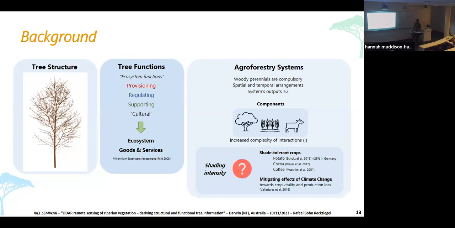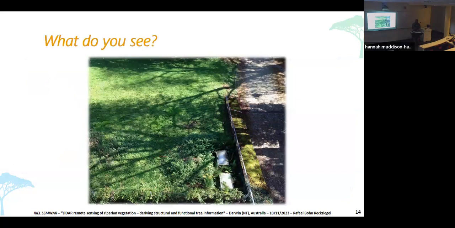But one important thing would be to understand better the tree shading effects, because crops might produce better outputs under certain shade, and they might also be more resilient to climate change with a certain degree of shade.